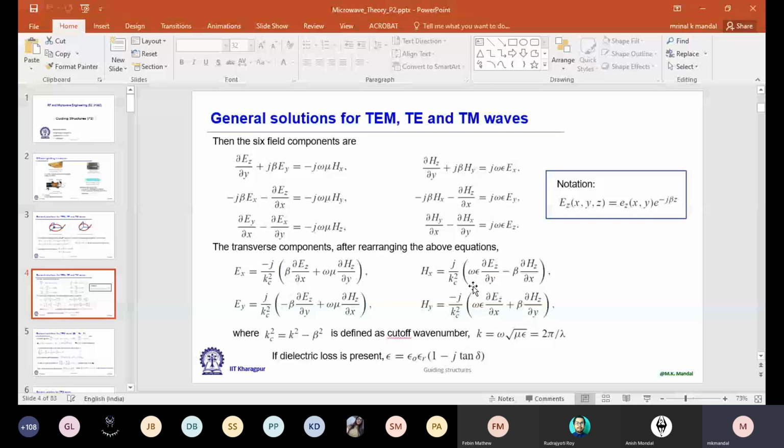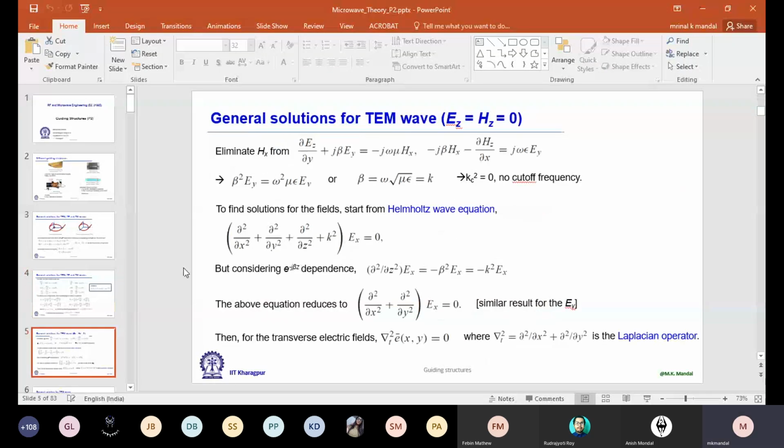We can also represent it in terms of frequency, noting the relationship that Vp equals lambda times f. From this point onward, we can use these expressions to obtain electric field and magnetic field distributions inside a guiding structure. Some of the part I will skip this time.